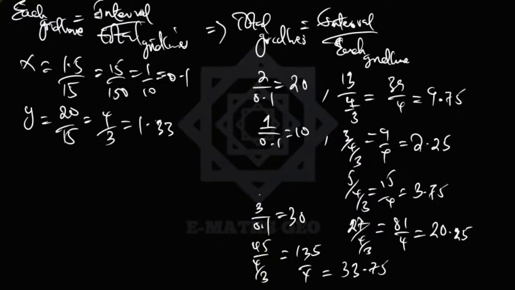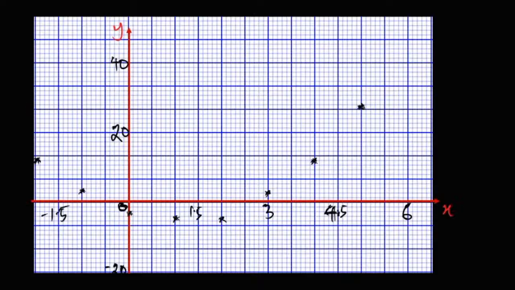So that's 33.75. So we'll move 33.75 grid lines up: 5, 10, 15, 20, 25, 30, 1, 2, 3. So somewhere here. So we've gotten the point.